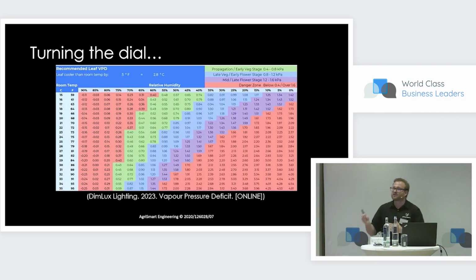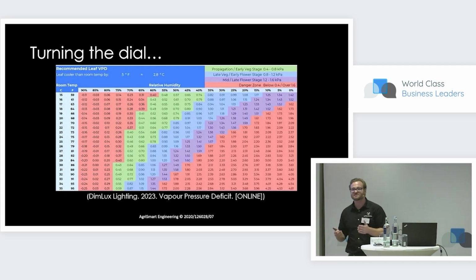A vapor pressure deficit is essentially a combination of surface leaf temperatures, ambient temperatures, and humidities. And you can see that there is no silver bullet. There is a wide range of specific combinations which facilitate sufficient vapor pressure deficits for accelerated rates of photosynthesis. If you are in the red, your guard cells are closed.